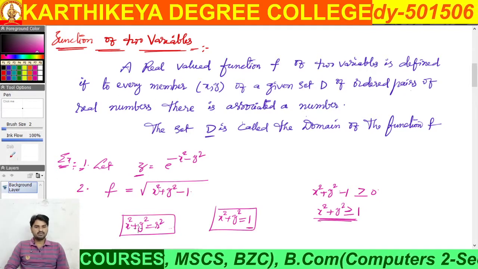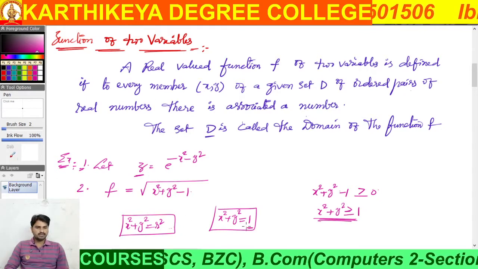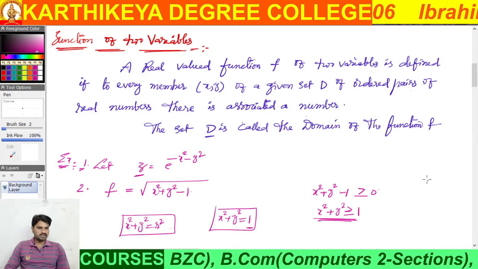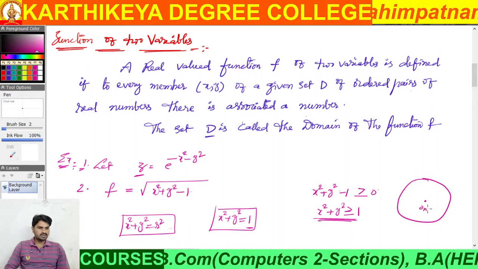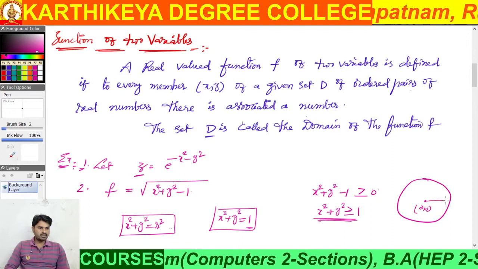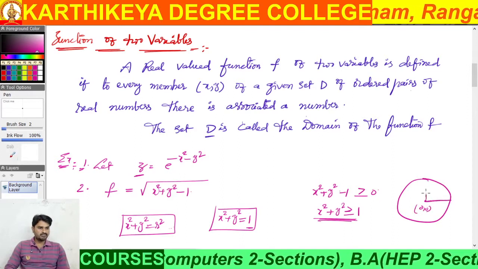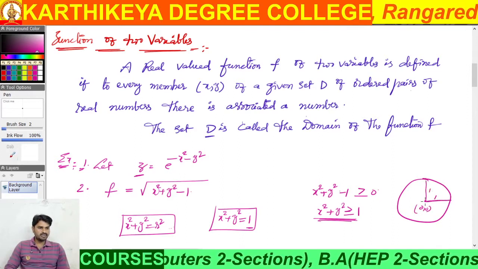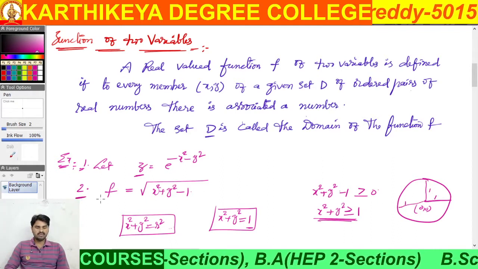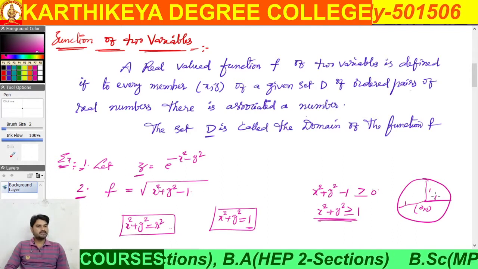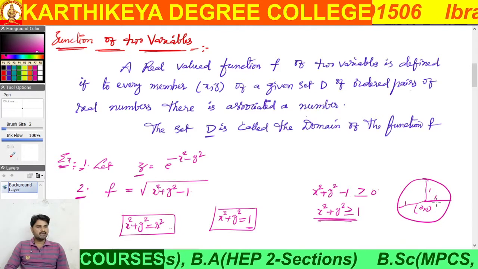So now if you draw the circle, the diagram of this one, the center is (0, 0) and you take any point at a distance of 1 unit. So that is the domain of this second function: the circle with radius 1.